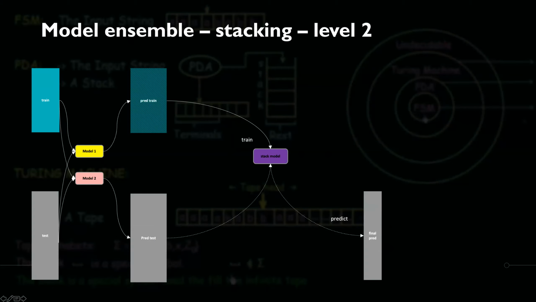If we trained 100 models here, the pre-test and the pre-train will contain 100 features, and then the second layer model, which is the stacking model, will train on a 100 feature data set, and then make predictions on the corresponding 100 feature data set to make our final predictions.